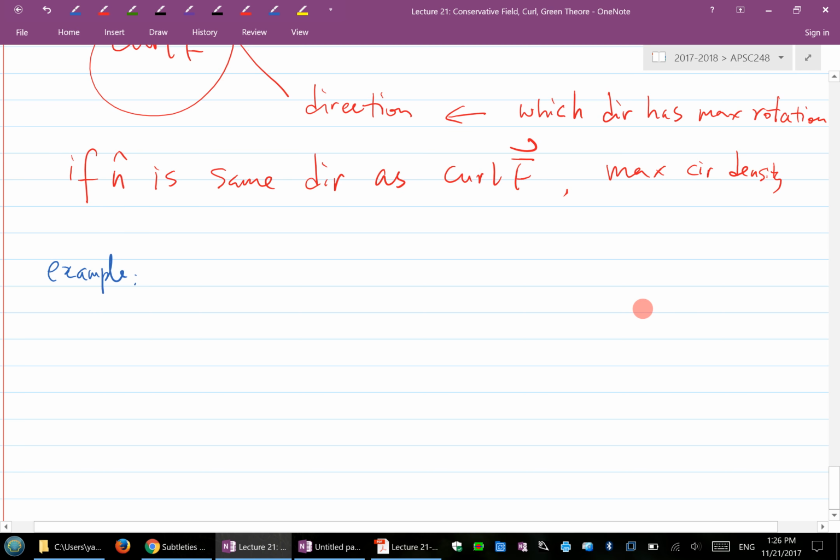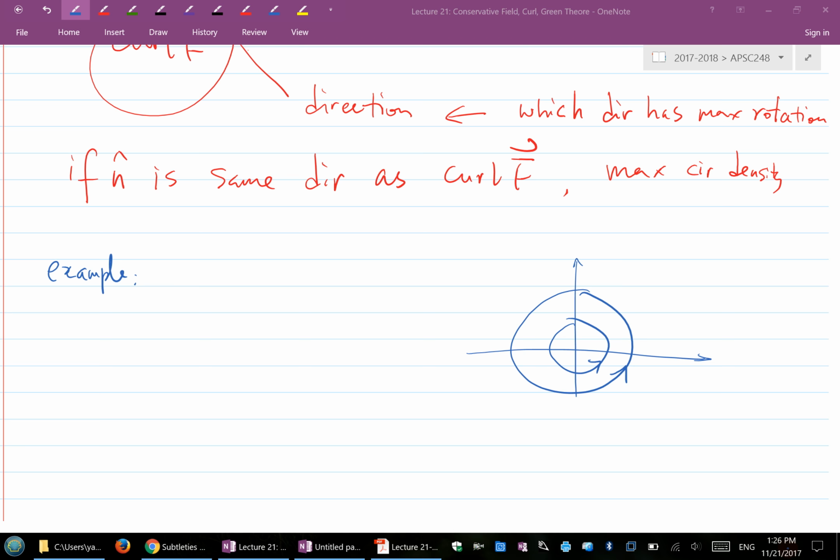So let's look at one example quickly here. Let's say I have a flow of a fluid which is rotating around the z-axis at constant angular speed omega.